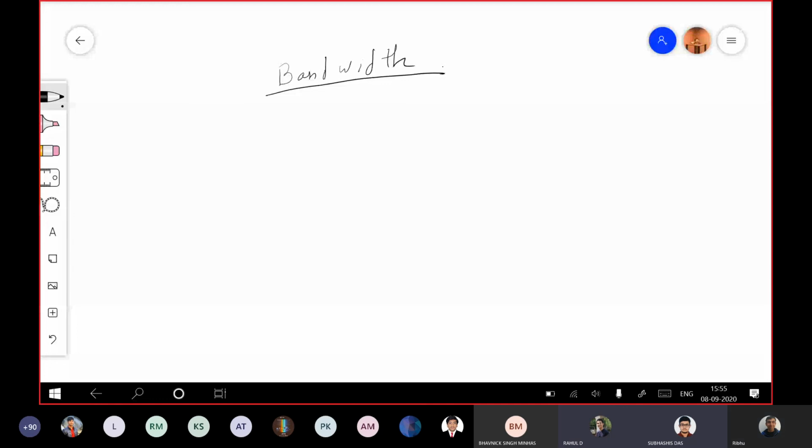Like in general, internet, there is a bandwidth limitation. That's why that speed is. Yes, we'll come to that definition of the bandwidth. You are from EC or electrical? EC. So next semester we'll come to that definition of bandwidth.